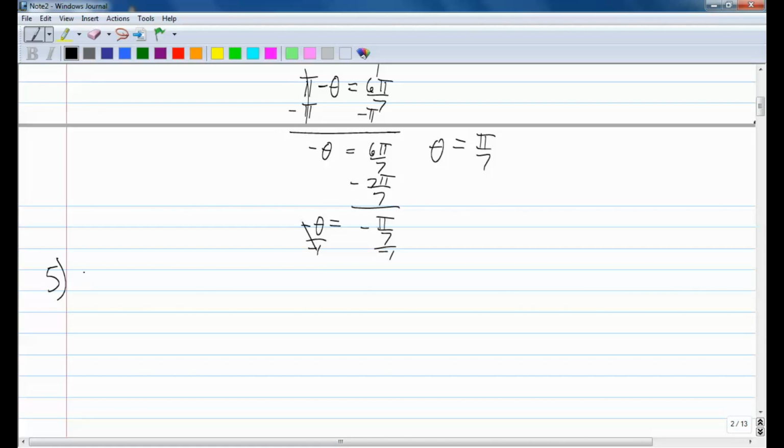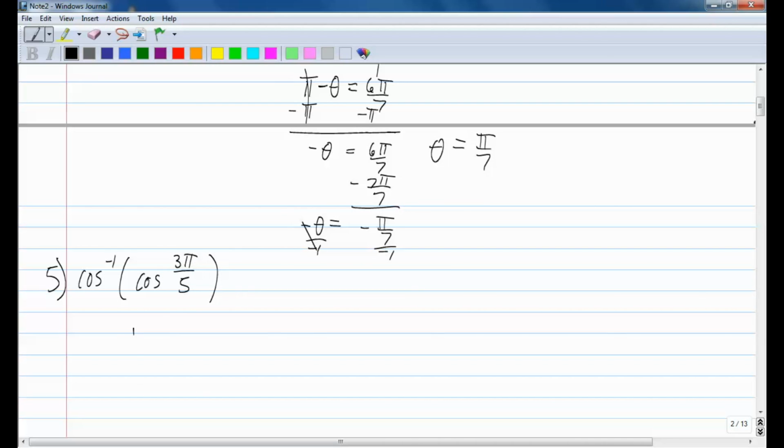Number 5, the inverse cosine of the cosine of 3 pi over 5. When we have the same function, except one of them is inverse, and that one's on the outside, and on the inside is the regular function, if this angle measure right here is where inverse cosine is defined, then it's going to be our answer.